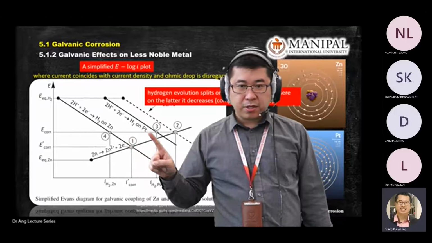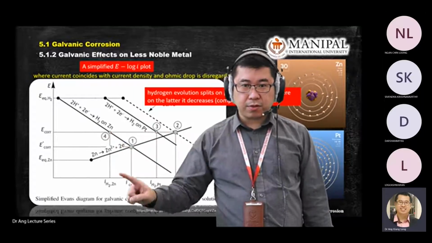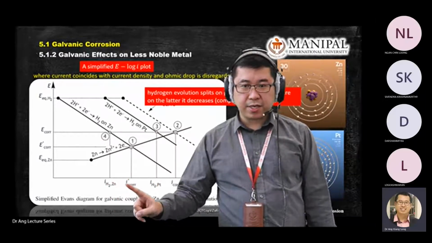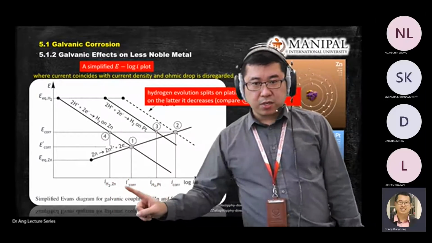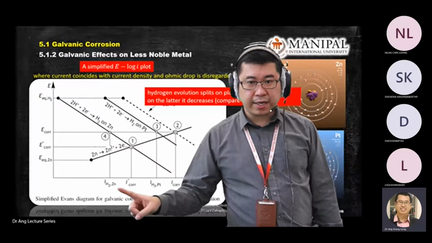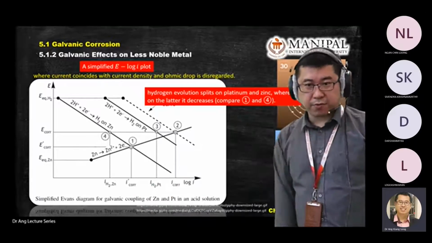They share the same potential, but when you move down, you know that this one is current density. So the platinum current density will be higher than the zinc in this case. All this you just read from the graph.